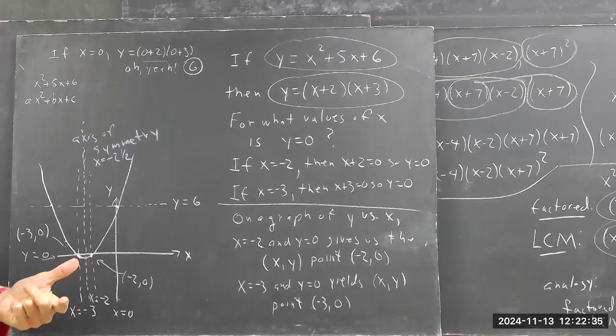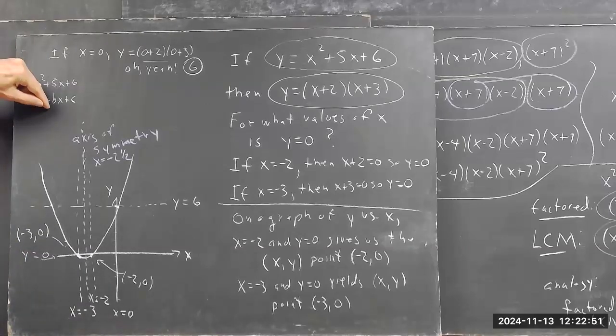We've done this in quadratic form, haven't we? A couple of weeks ago. A is 1, B is 5, C is 6.